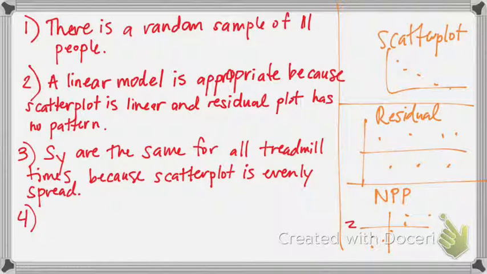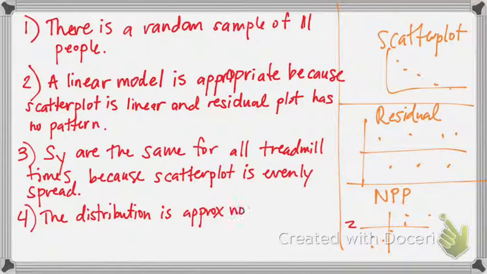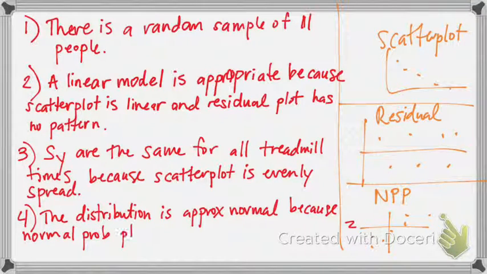And then lastly, the distribution is approximately normal, because this is where the normal probability plot comes in, because the normal probability plot is linear.